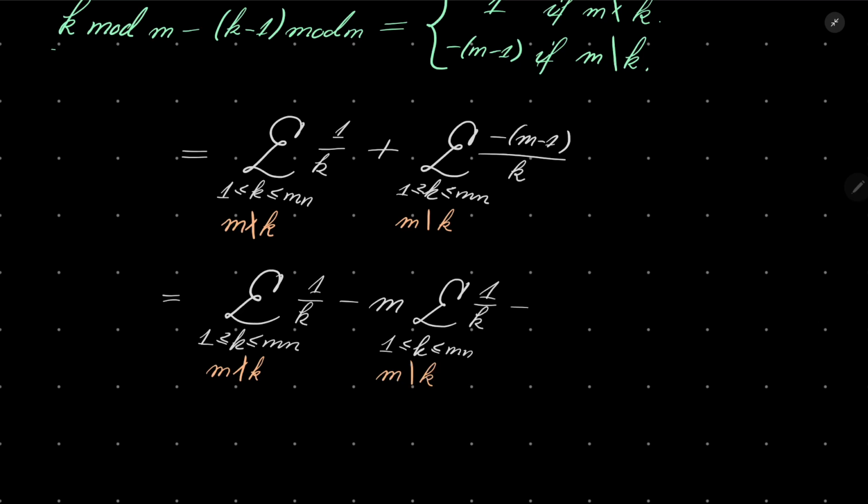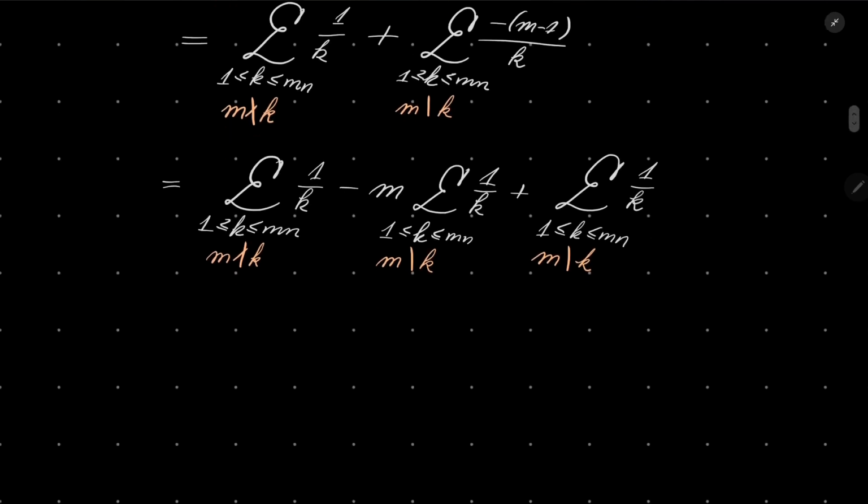And finally, minus minus is plus. Plus sum going from 1 to mn, m is dividing k, 1 over k.